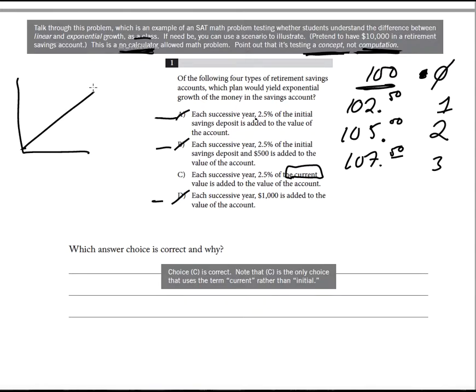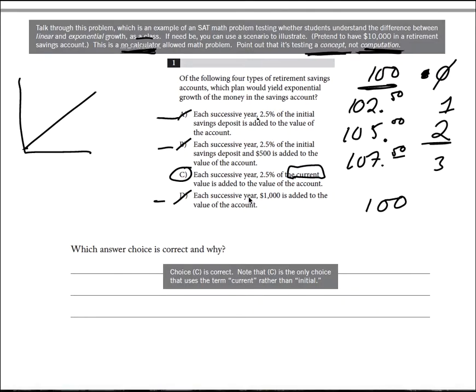If I plotted that out, same thing for choices B and D, I would have a linear relationship. If I plotted out choice C, the key here is it's based on the current value. This is really testing compound interest. Choice C is the correct answer, because if I plotted that one out, initially I'd have $100 at the start, and after year 1, I'd have the same amount, $102.50.